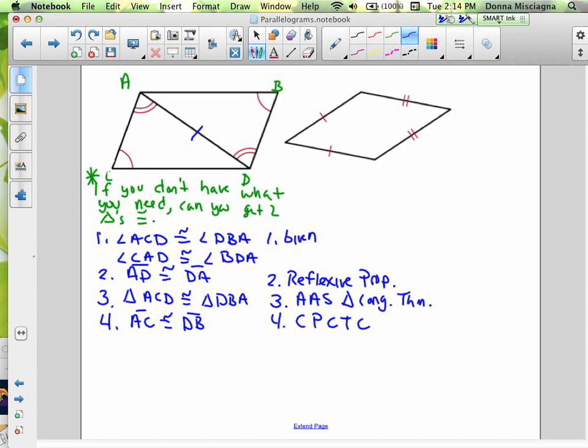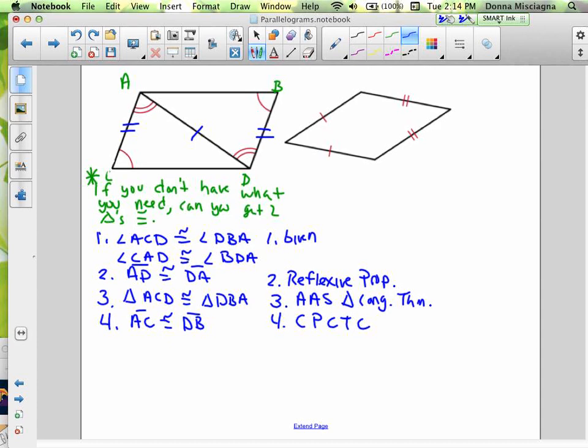It's fine to write the abbreviation, just as long as you know what it means. All right, so that means this side is congruent to this side. And I have one of two choices here. Actually, why don't we just continue with that? I can prove those same sides are parallel, or we can get the other pair of sides congruent. It doesn't make much of a difference, since it'll take me two steps to show the sides are parallel and only one step to show the sides are congruent.